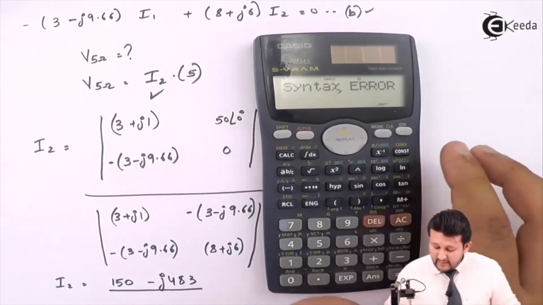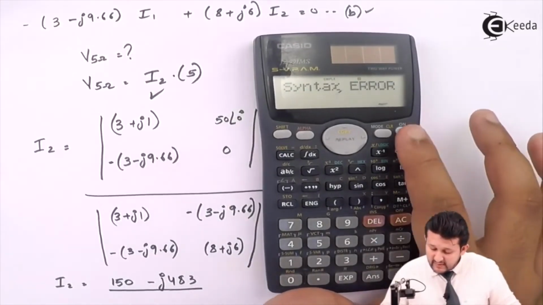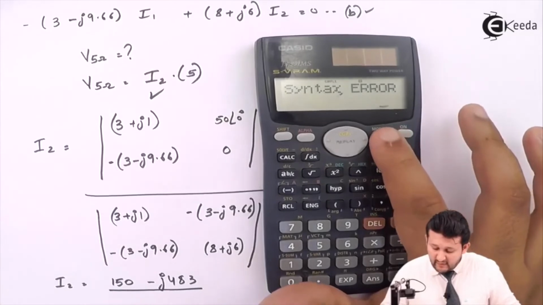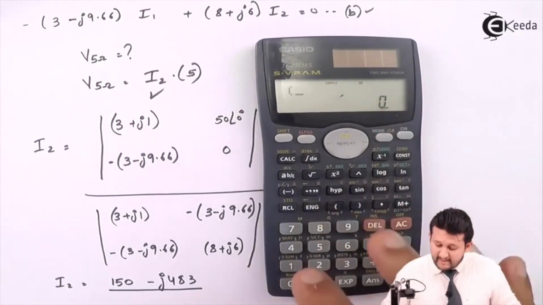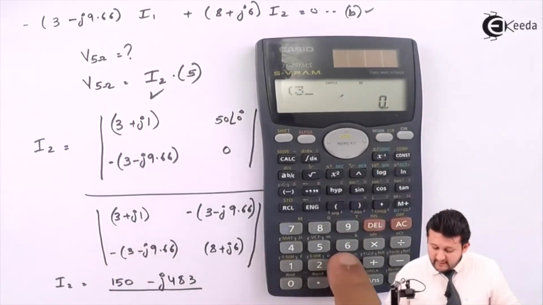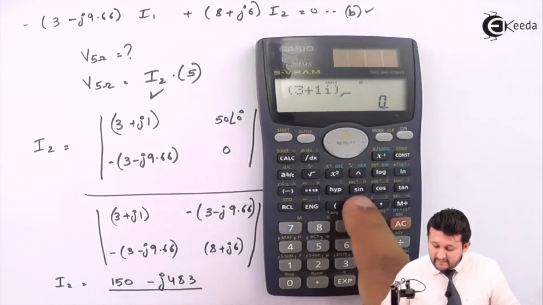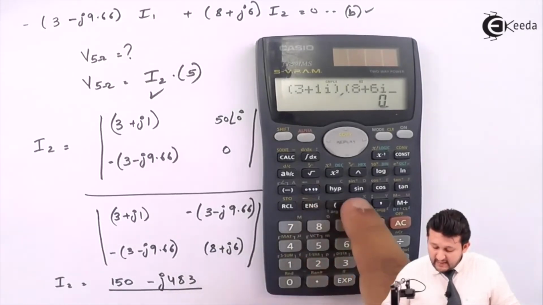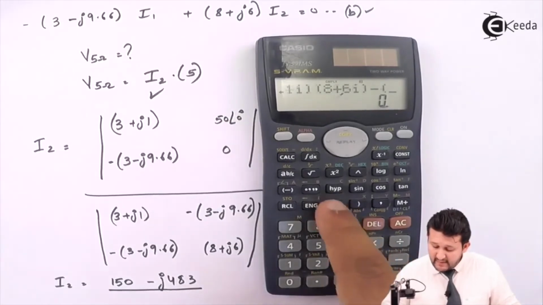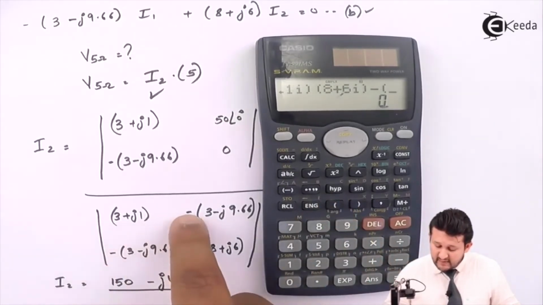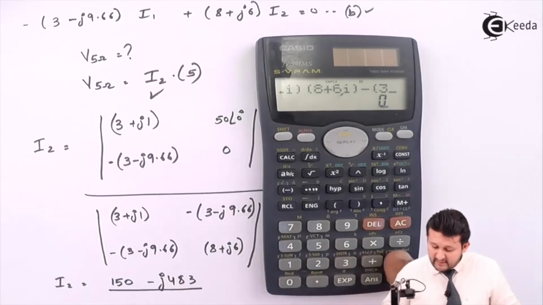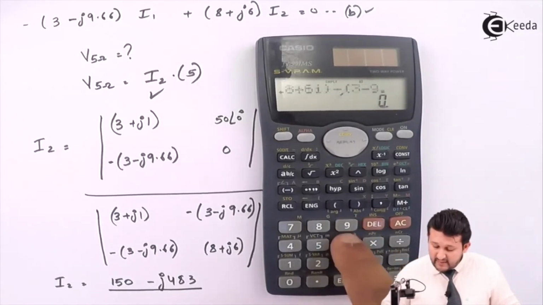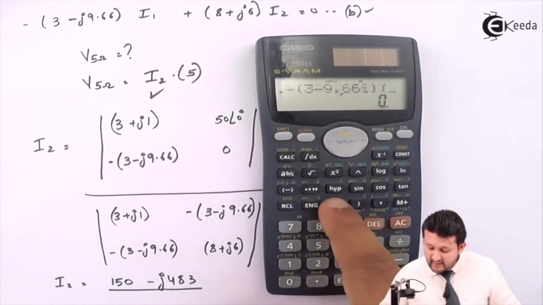So your denominator will be, there has to be some error with respect to the value. Let's do it once again. Bracket. You had 3 plus 1 I bracket close. This was 8 plus 6 I bracket close minus, again this minus will be positive. So multiply with this term, 3 minus 9.66 I bracket close.